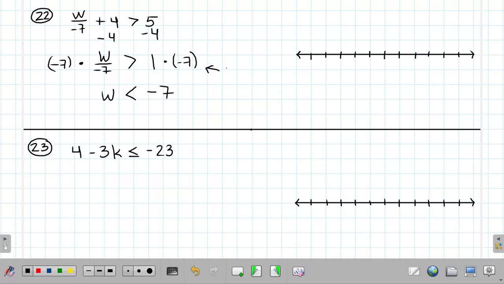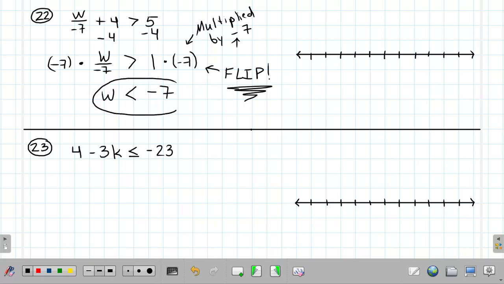So once again, this right here tells us we need to flip, because we multiplied by -7. And once again, that negative is what tells us we needed to flip our inequality. So this is our final answer.